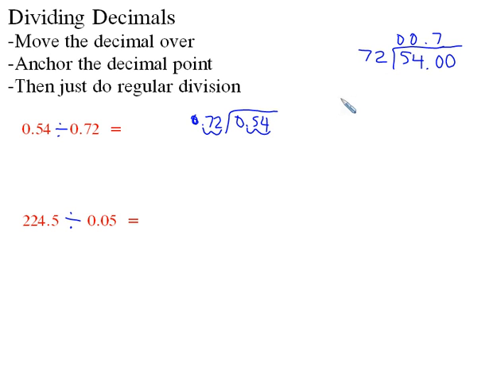Well, it goes into 49, I know that, not 54, but that's pretty close. So now I go ahead and multiply this out. 7 times 2 is going to be 14. 7 times 7, 49, plus 1 is going to be 50.